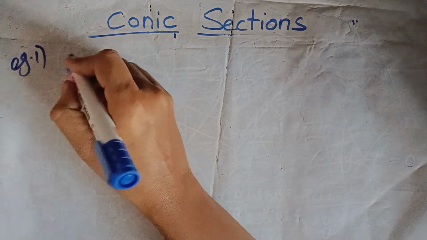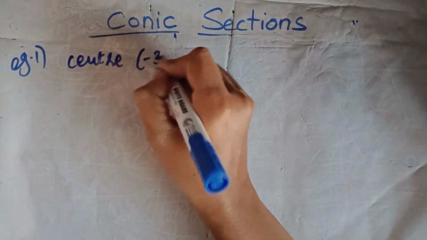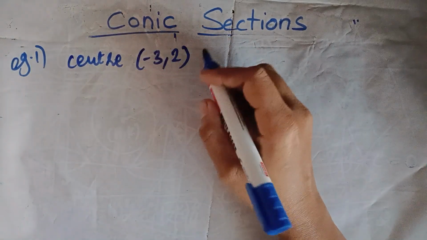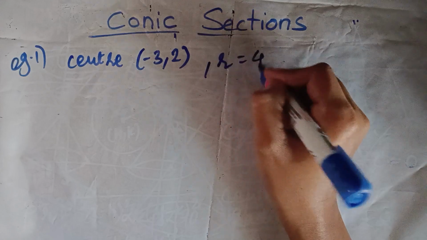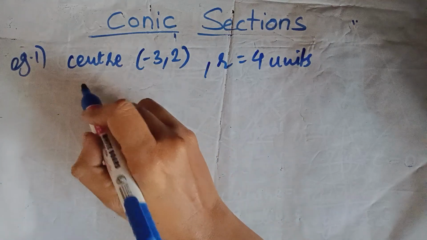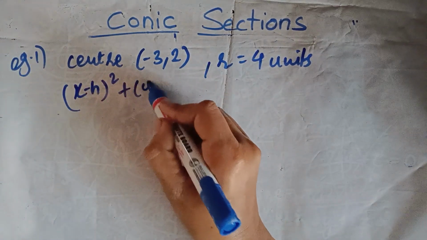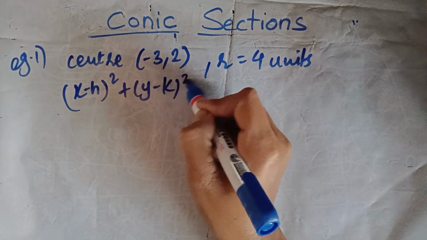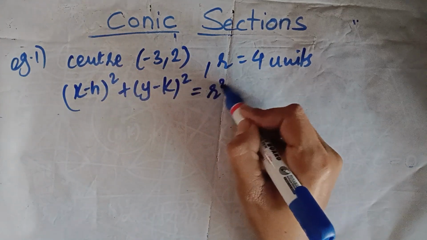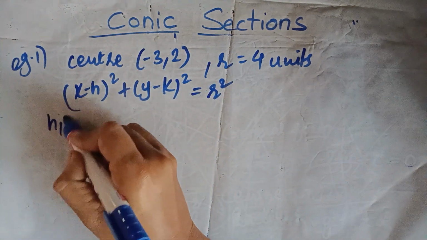Let's do one example. Find the equation of a circle whose center is given as -3, 2 and radius is 4 units. We can use the equation of a circle formula, that is x minus h the whole square plus y minus k the whole square equal to r square, where we are given h and k.